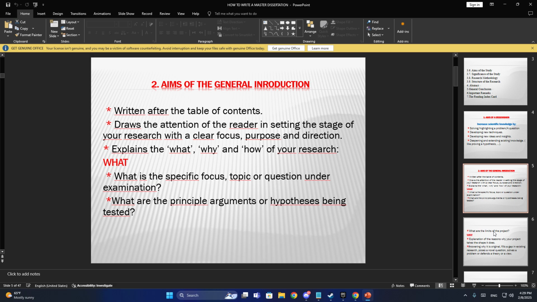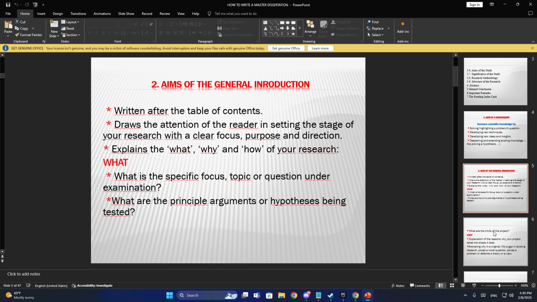By just reading the general introduction, I will get an idea about what problem you are raising, how you are going to solve or discuss it, what your findings are, and what your research methodology is. This is why it is very important to be careful in writing the general introduction and to understand its component elements.